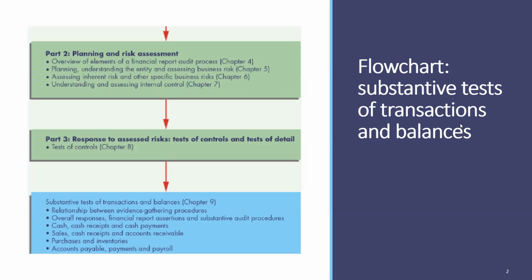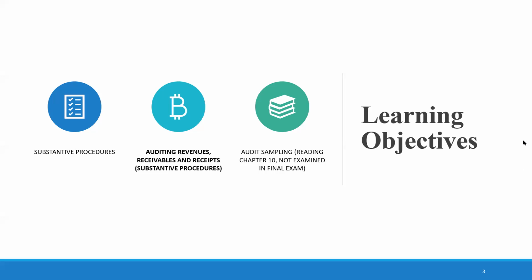What we're going to do today in the lecture, of course, we are still introducing some standardized substantive test procedures. But in the second part, we will focus on the revenue cycle. We are talking about auditing the revenues, receivables, and also the cash receipts, but still based on the substantive test procedures. And we have another learning objective, which is audit sampling, but we just put that part as reading material.